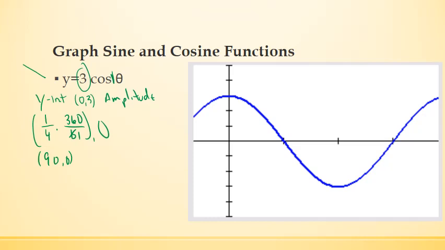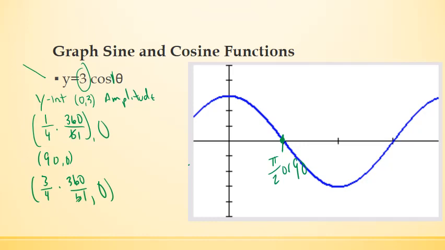Remember, our window setting is set up at pi over 2, so the x scale is at pi over 2, or 90. We can see here that we do have an x-intercept at 90, 0. Then our next x-intercept is going to be at 3/4 times 360 over b, 0.